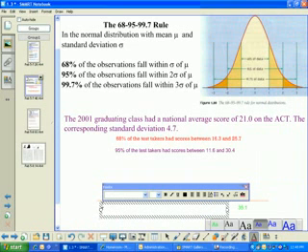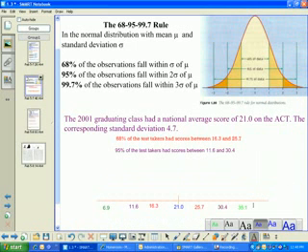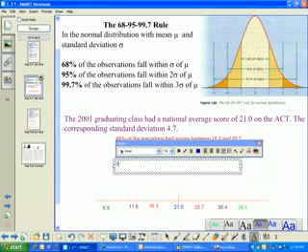And if I subtract it, 6.9. So then 99.7% of the test takers had scores between 6.9 and 35.1.